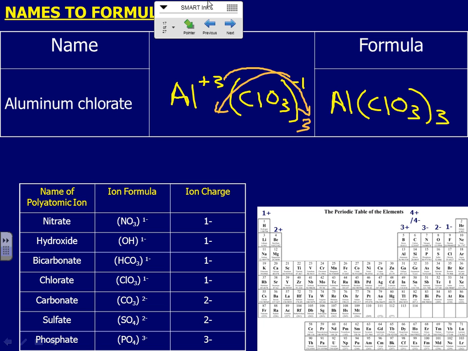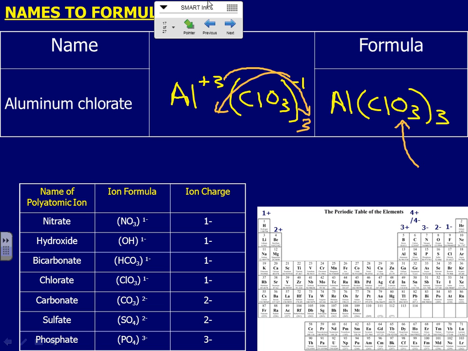Now let's look at this a little critically though. How many oxygen atoms would there be in this aluminum chlorate? What do you think, Marissa? Yeah, 9. There are 3 groups of 3. There are 3 chlorates, each chlorate has 3 oxygens, 3 times 3, right?